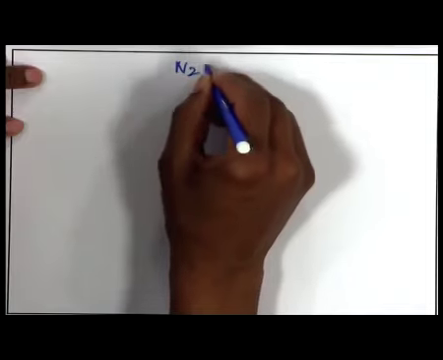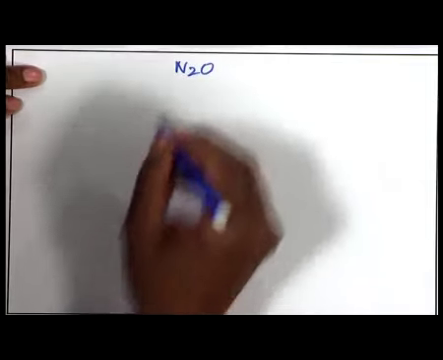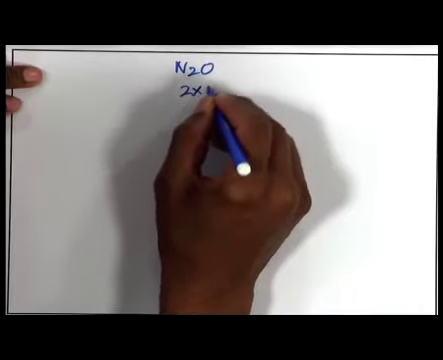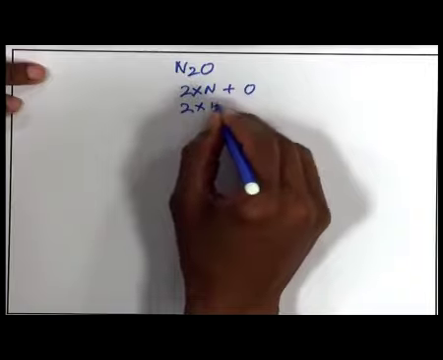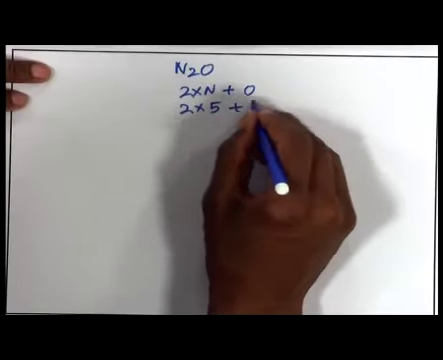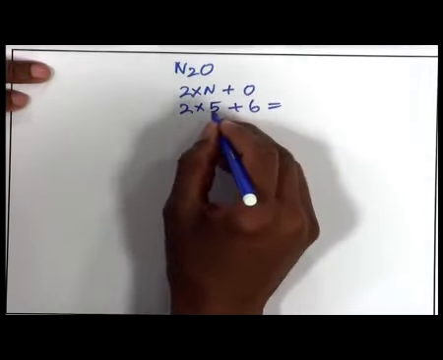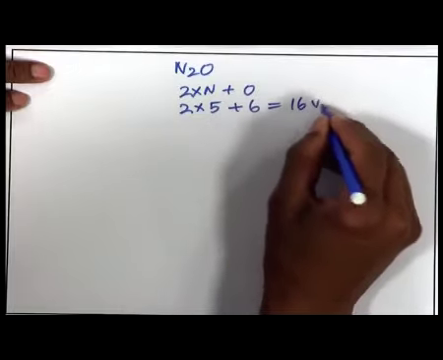Now let us see another example, which is a little bit more difficult. What about N2O? You can calculate the valence electrons: 2 into 5 plus 6, that is 10 plus 6, 16 valence electrons.